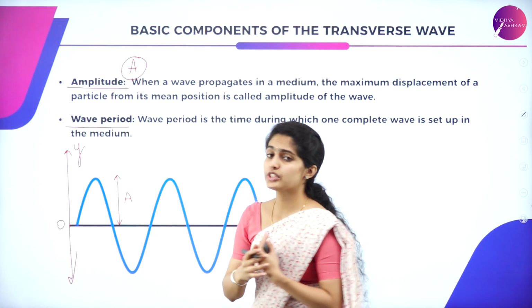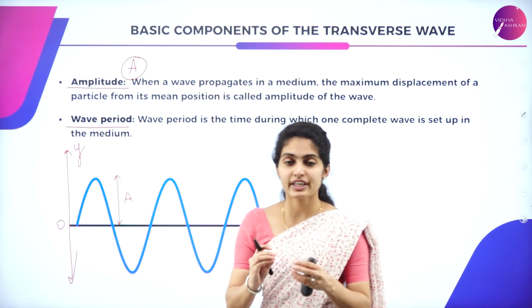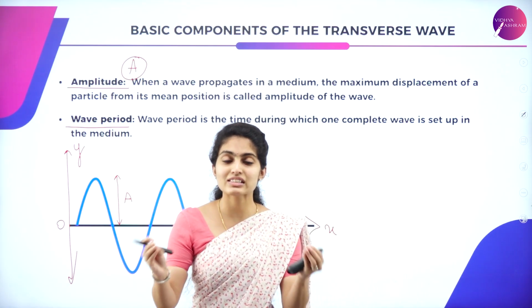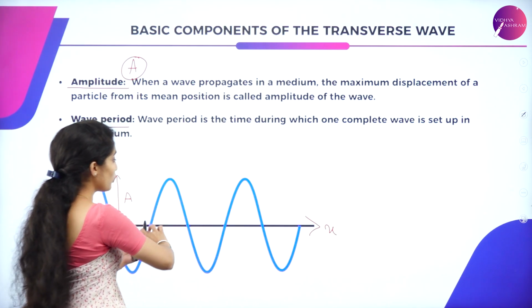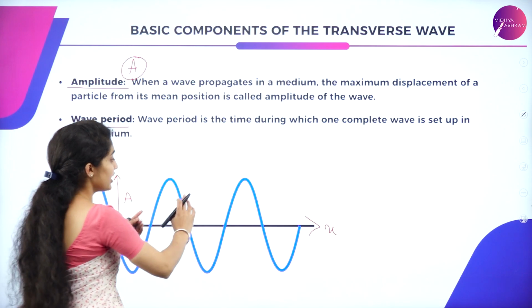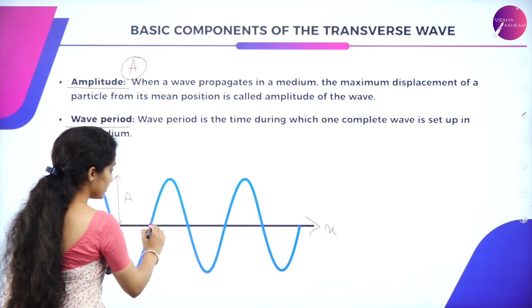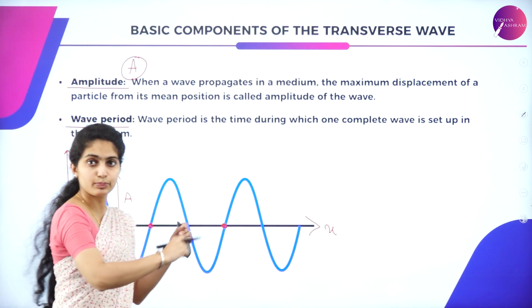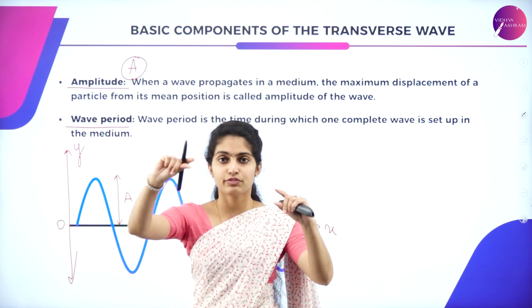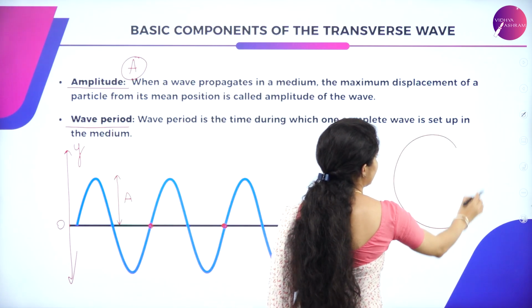Whereas when you come to the wave period, what is this wave period? It is the period wherein one complete cycle of the wave is set up. Complete one cycle of the wave means, suppose you consider a wave from this point to this point. If this is a wire pulled up in the form of a wave, and I take the wire and encircle it, it gives me a complete circle.